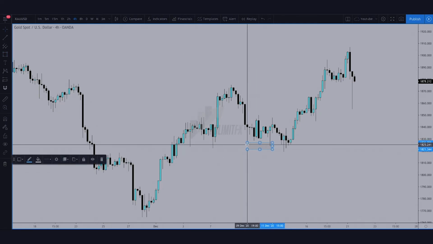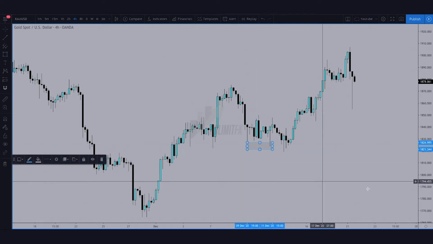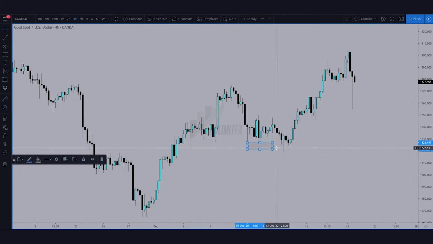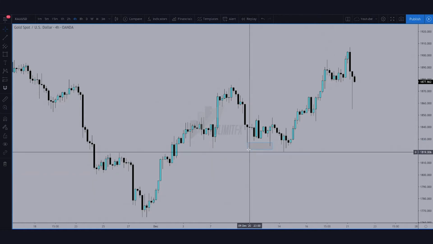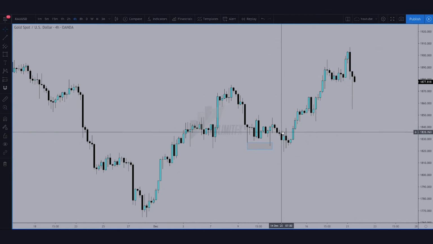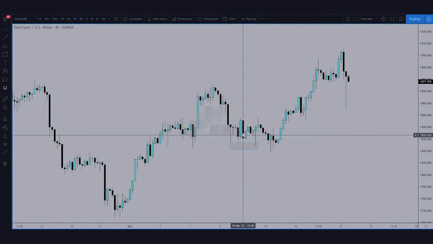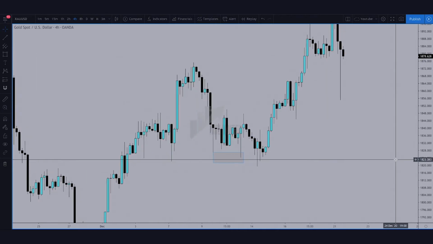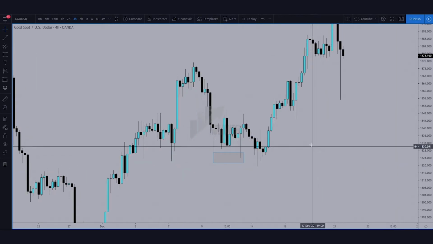And if we draw our rectangle from the 9th of December to the 11th of December, you can see that these lows are relatively equal, right? No, not to the pip, but that is not always the case, right?